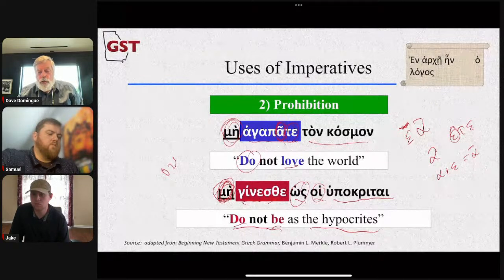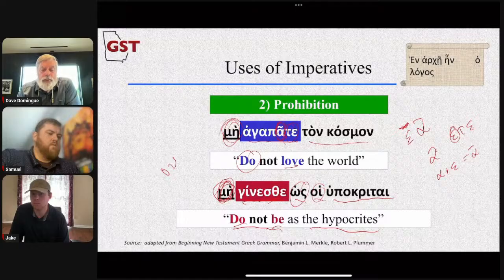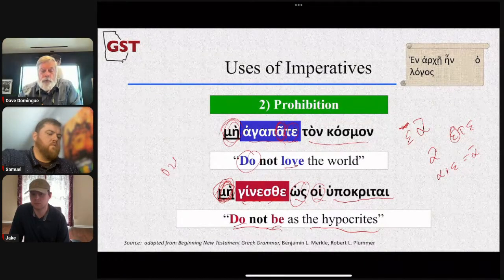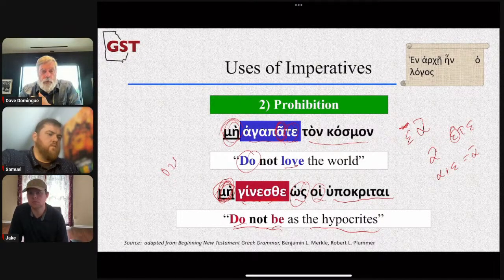Number two, ou mē plus the aorist subjunctive. Again, we've already talked about that. These two negations together: mē is what you use in the subjunctive because the subjunctive is an oblique, non-indicative mood. So ou mē together with the aorist subjunctive is just a very firm "this certainly will not occur" kind of thing.